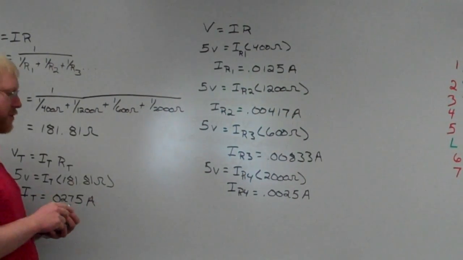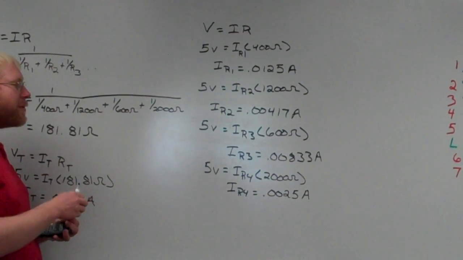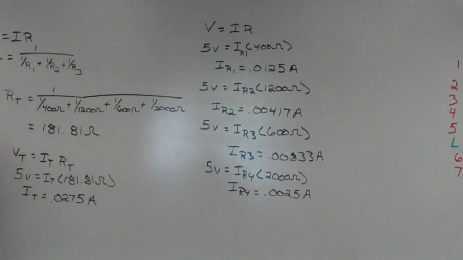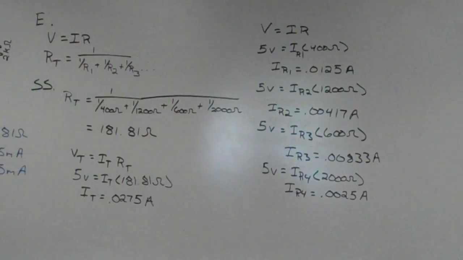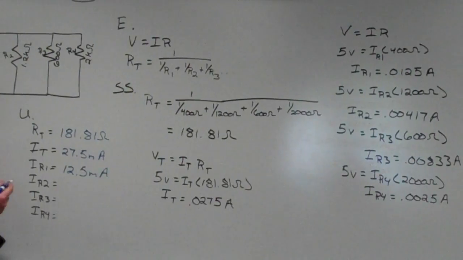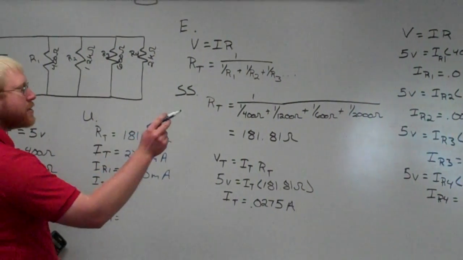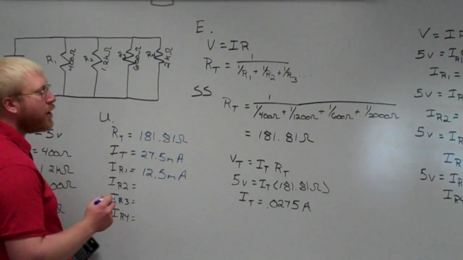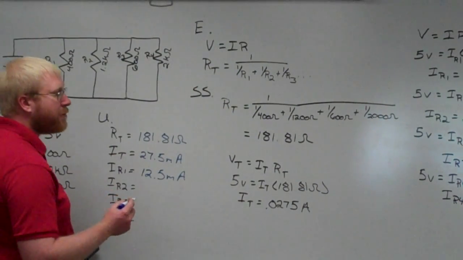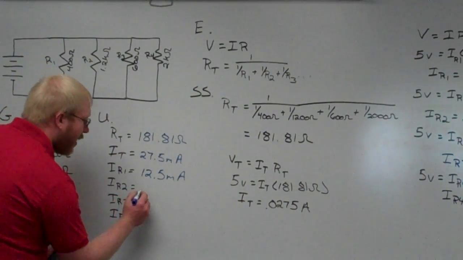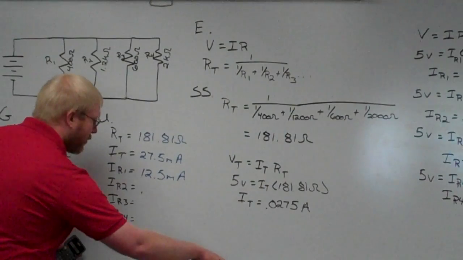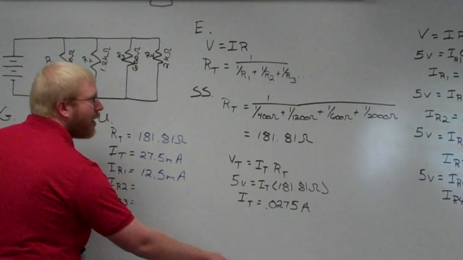Now that I have all of those, I'm going to write those down in my unknown list. I could have done them each one by one, but I didn't want to take the time to pan the camera back and forth. So looking at resistor 2, I'm going to once again use milliamps, so I move my decimal place 3 places, and I end up with, let me erase that and start back on that.